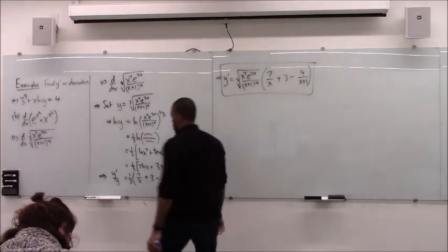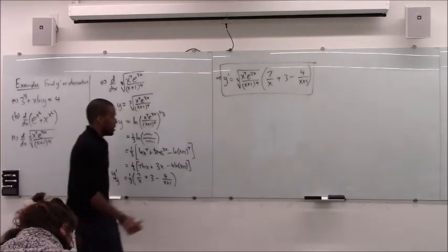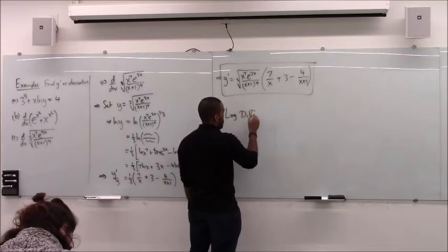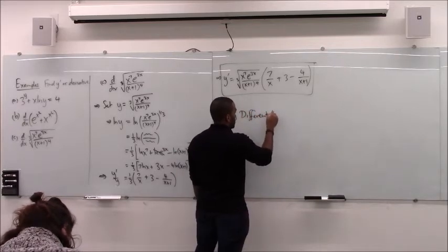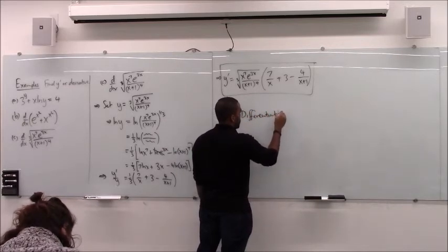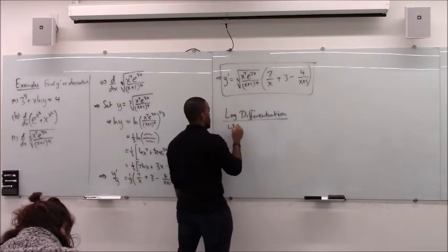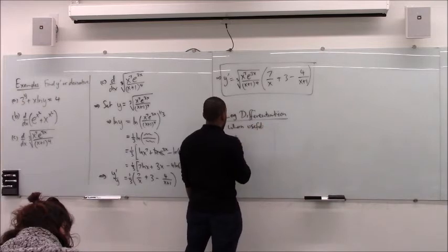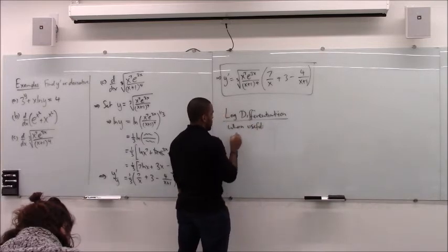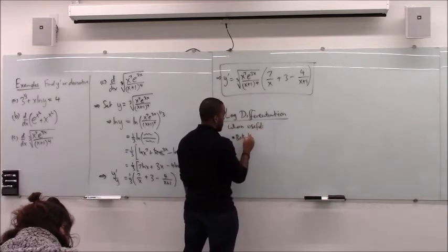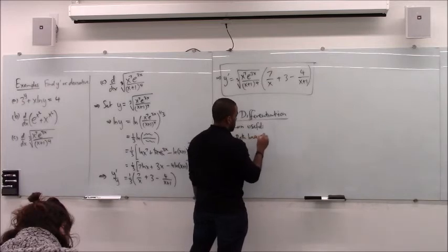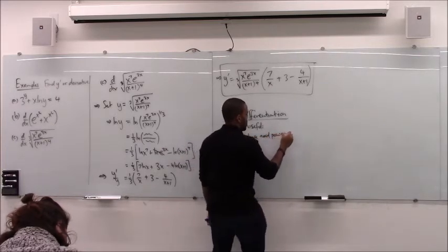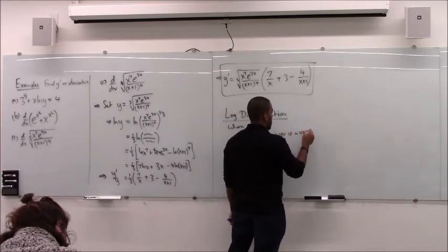I told you how to use log differentiation already, but I guess I need to remind you of, or mention specifically, when it is useful. In certain situations, both base and power are variables.